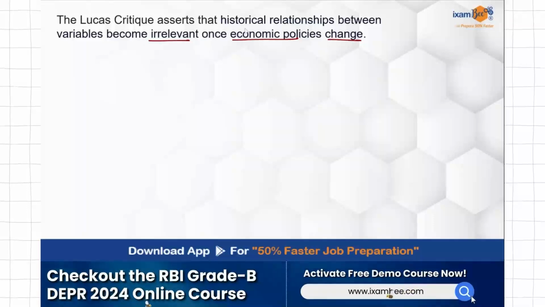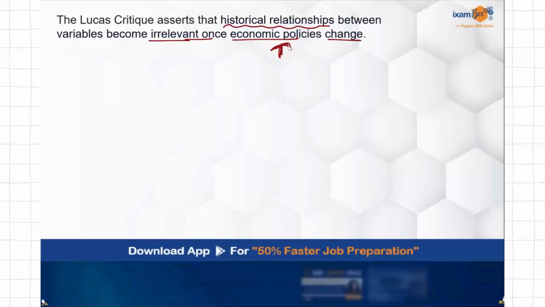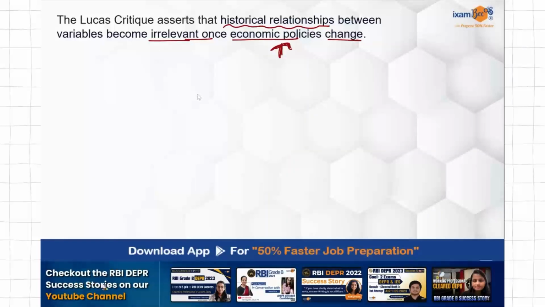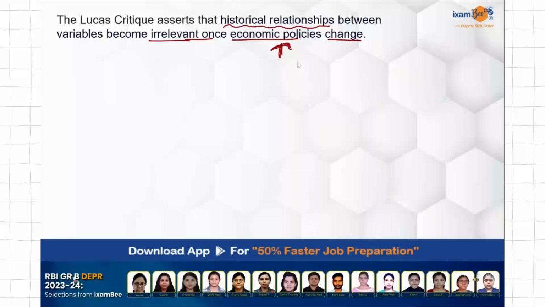This is the famous Lucas critique. As econometricians, we tend to measure the economic relationships between historical variables. But when there is a change in economic policy, that relationship becomes irrelevant. This is the critique given by Lucas.